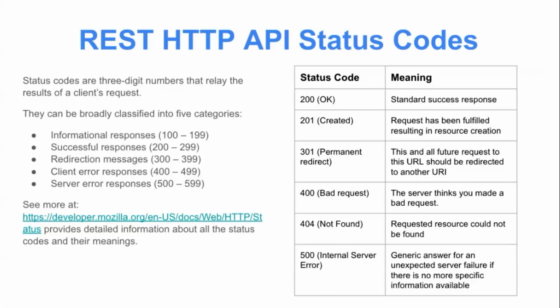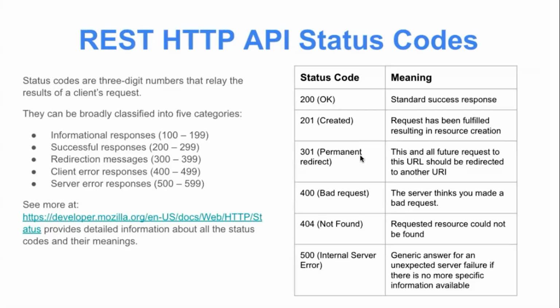There's also the 404 not found, which means that the resource that you were trying to access wasn't found on the server. So if you think back to the example with Enricher, if the user ID that we're trying to get information from does not exist, we would be getting a 404 status code.